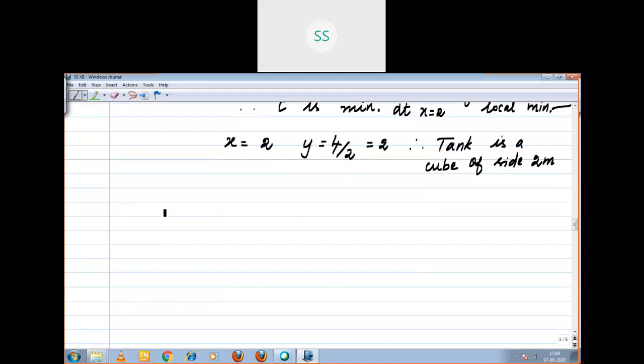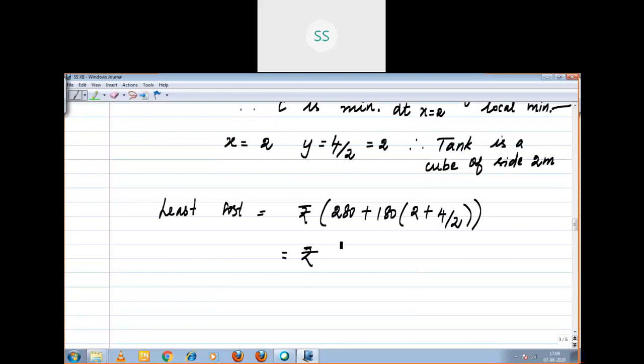Least cost C is equal to rupees 280 plus 180 into 2 plus 4 by 2, that is 2 plus 2, 4.